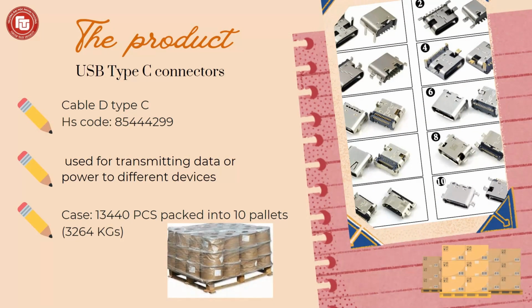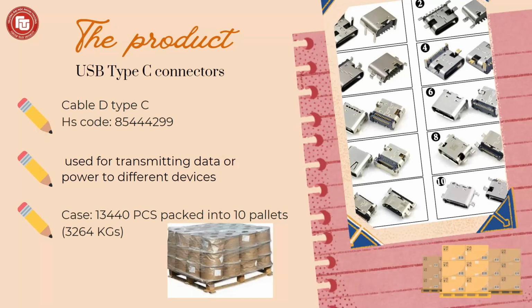When Sumitomo exports this product, the company does not have to pay VAT or export tax because cables do not belong to the list of goods subject to export tax, which are specified in Appendix 1 of Export Tariff according to the list of taxable items of Decree 125/2017 NDCP. The goods are electric cables fitted with conductors used for transmitting data or power to different devices for voltage not exceeding 1000 volt.